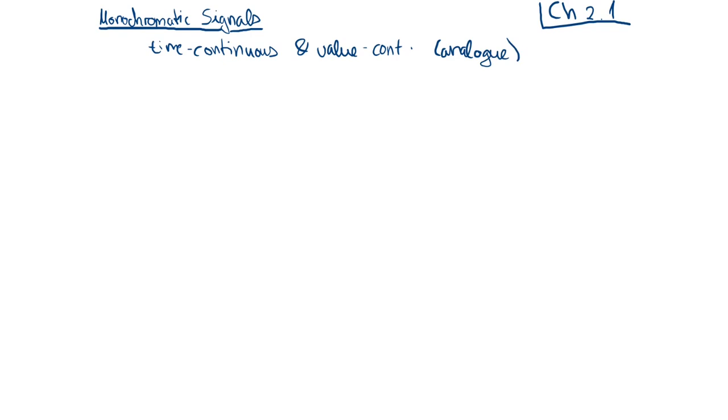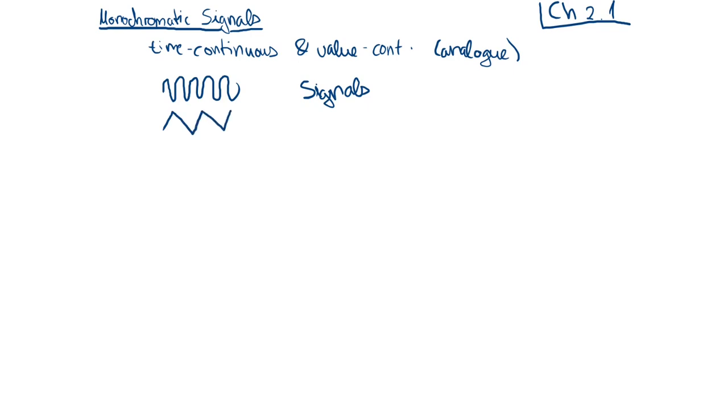And we can subdivide signals in a more specific manner. So we have signals which have a periodic pattern. So for example, they are something like this. So they repeat.